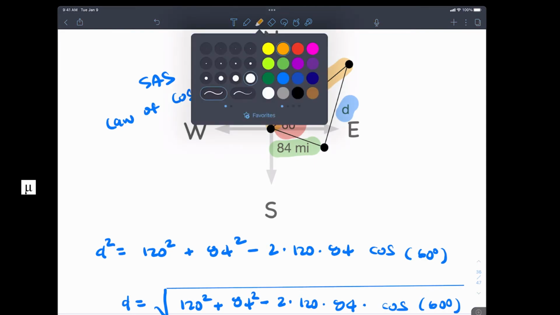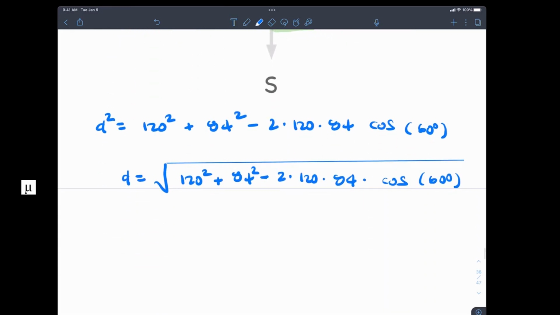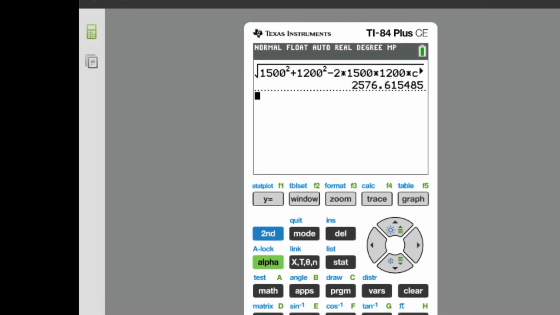Just want to be consistent. Just looking at this and then being consistent. Remember, you got the angle opposite the known side there. These are opposites in blue. Okay. Anyway, let's punch this in the TI. The reason I like using this, I just say the square root, right?